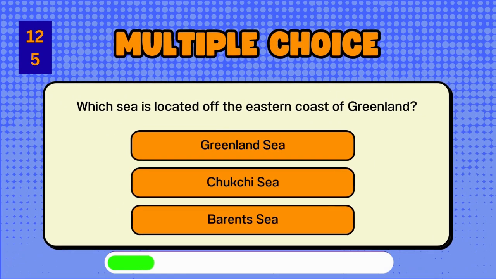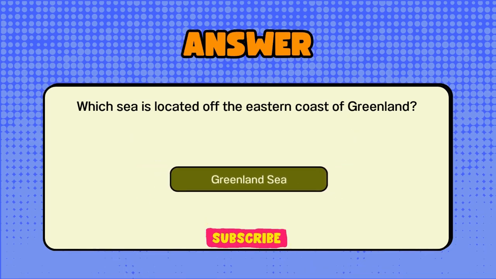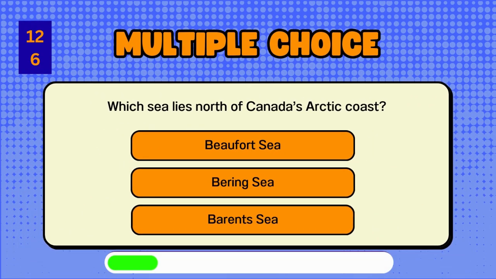Which sea is located off the eastern coast of Greenland? Which sea lies north of Canada's Arctic coast?